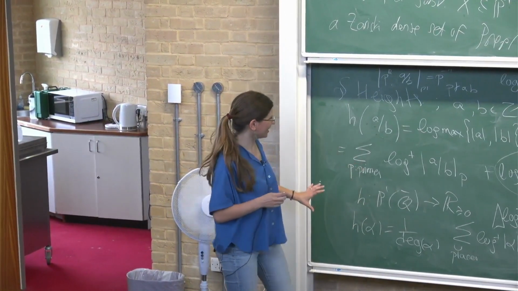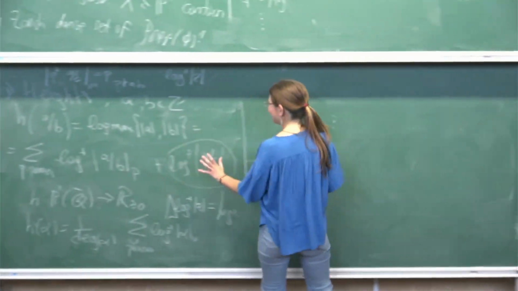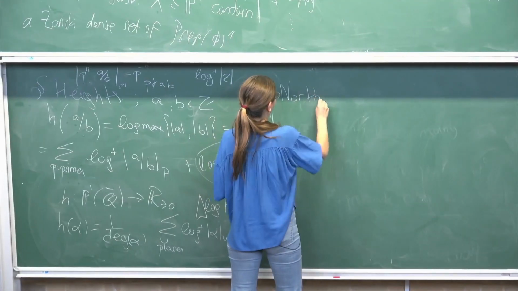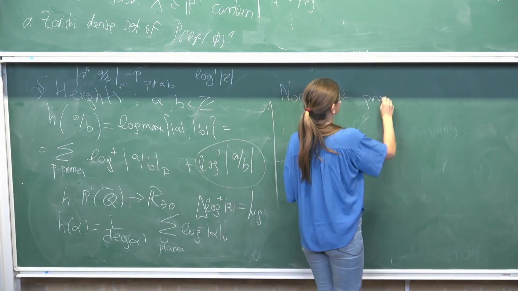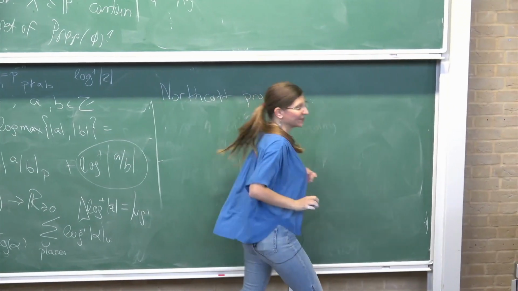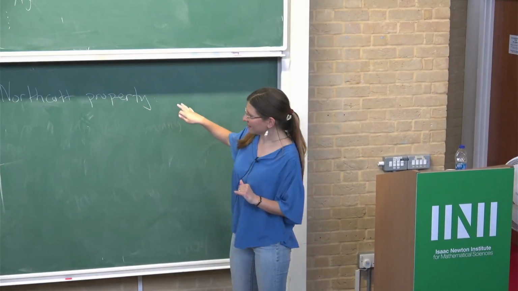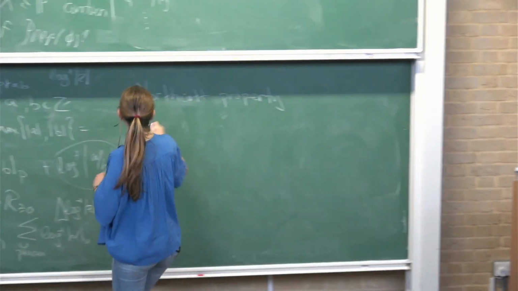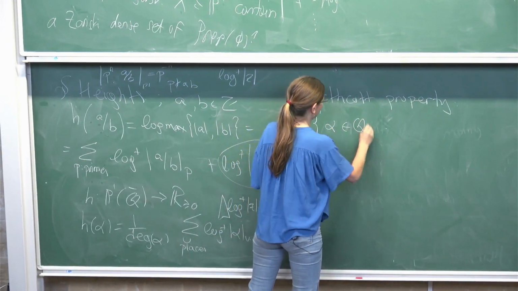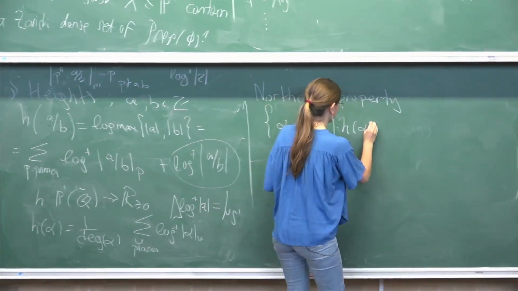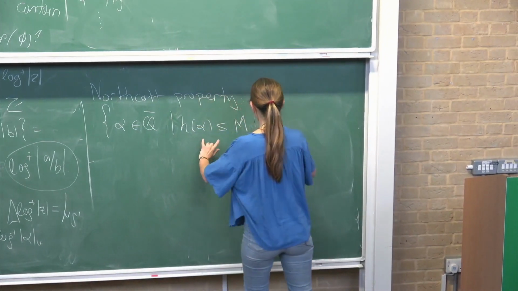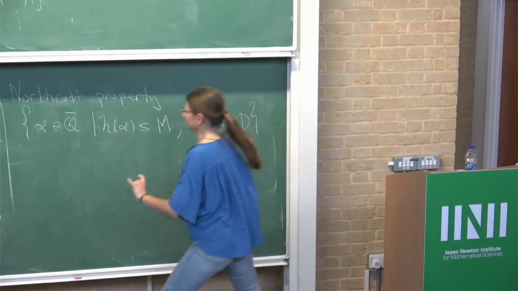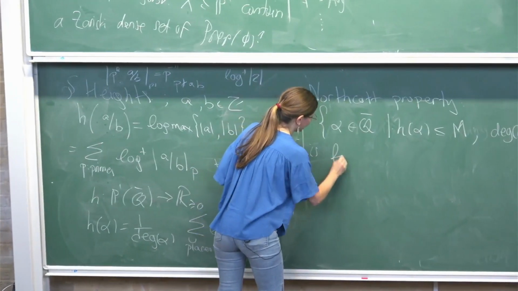What to remember about this is that it relates to these absolute values, and maybe another thing to remember is called the Northcott property. It says that it's a good way to count algebraic numbers, because the set of algebraic numbers with bounded height and bounded degree is finite.